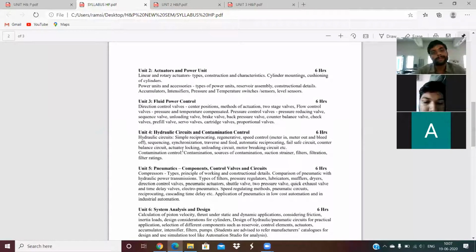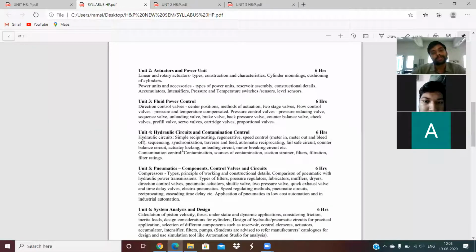In chapter number 2, we are again focusing on power units and accessories, then types of power units, reservoir assembly, constructional details, and many more. Then unit number 3 is our fluid power control.